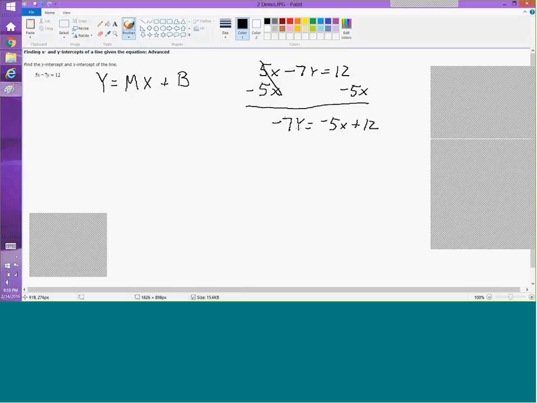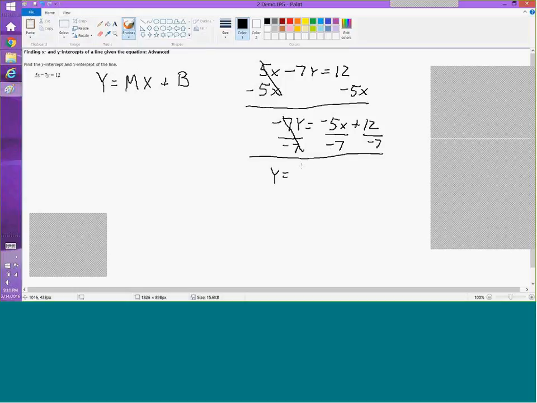We still need to get the y by itself. We're going to do that by dividing by negative 7, since it's being multiplied by negative 7. And if I divide this by negative 7, I have to divide everything by negative 7. So we have y equals negative 5x divided by negative 7.